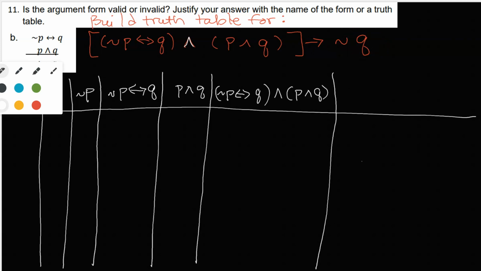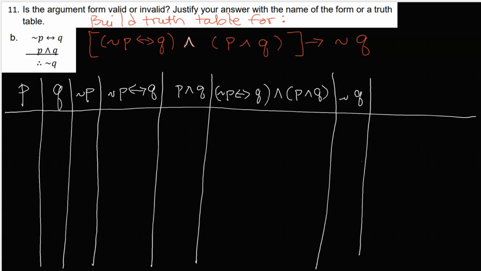So say here, not Q, and then the entire statement here. Now, the entire statement is of the form column number 6, arrow column number 7. Okay, number 6 right here and number 7 right here.